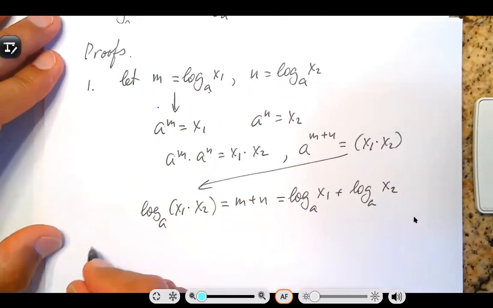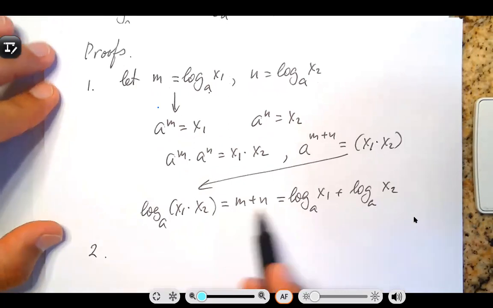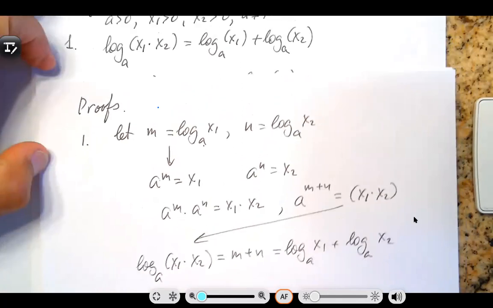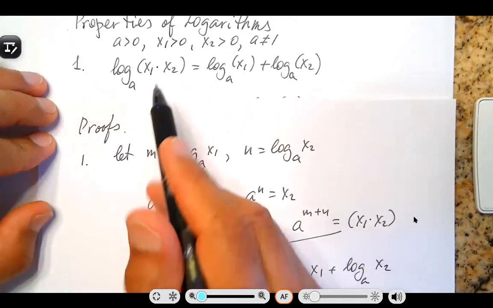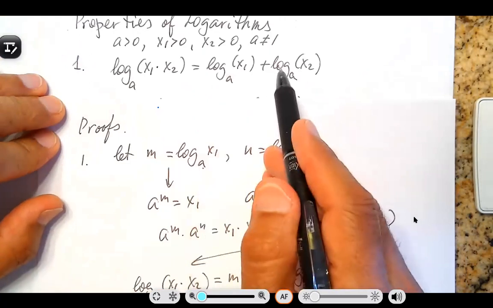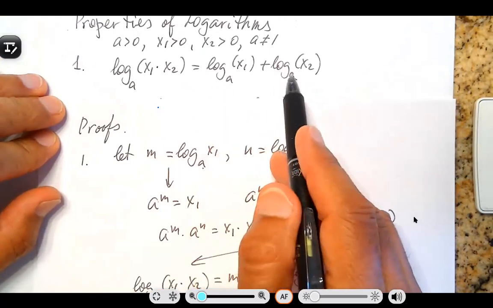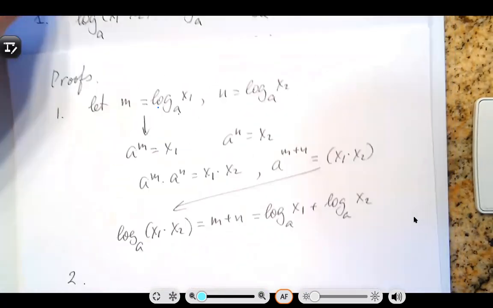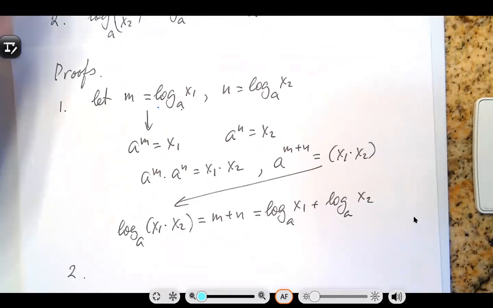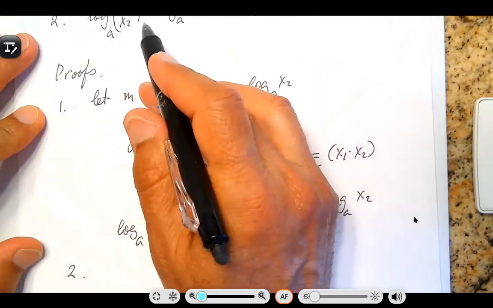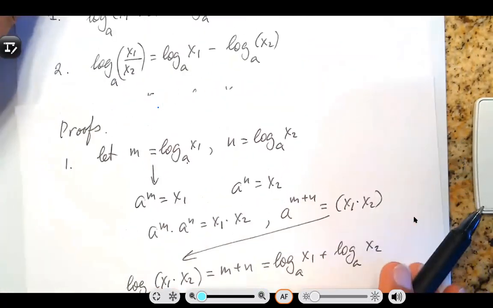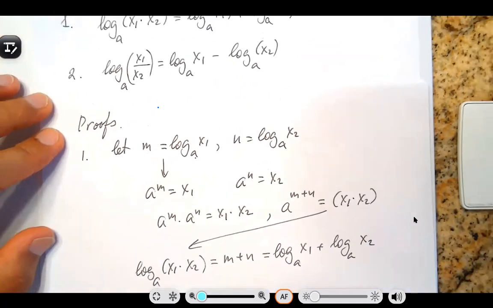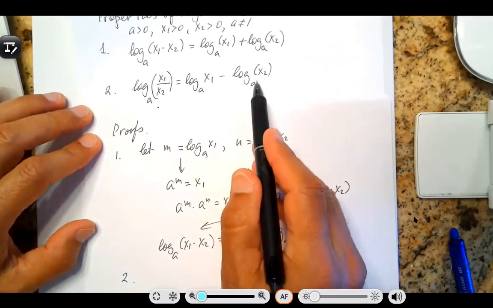So how does number 2 come out? Again, properties, you should always read from right to left and left to right. Logarithm of the product is the sum of the logarithms. Sum of logarithms with the same base is the logarithm of the product. So let's prove number 2. Let me move this part to the left.